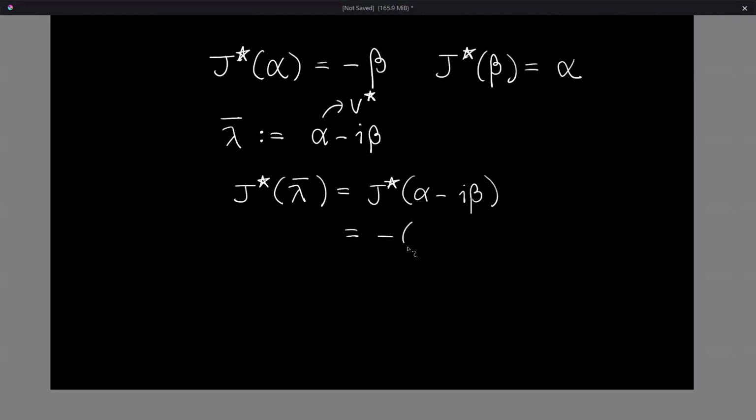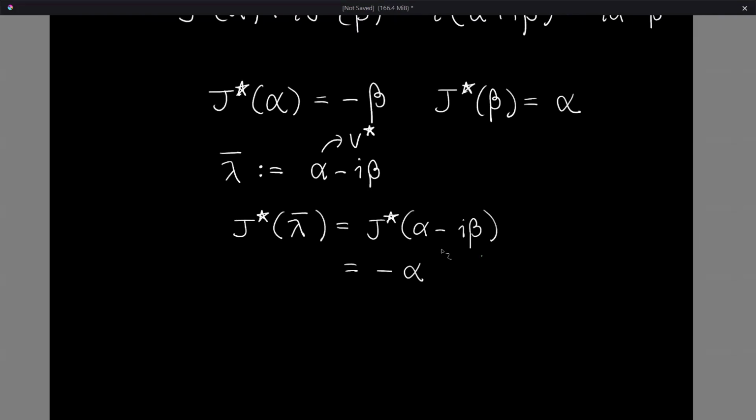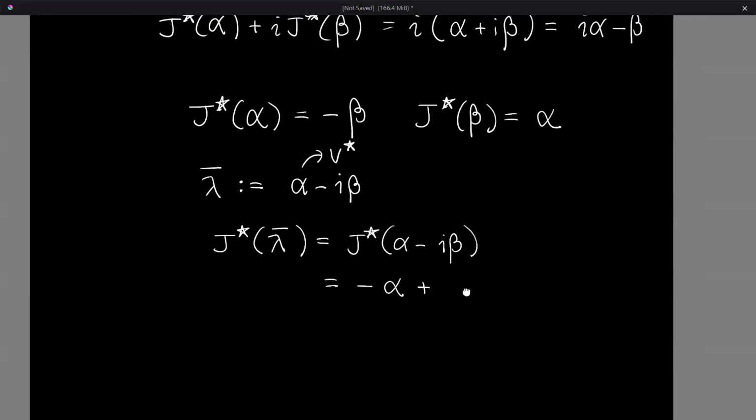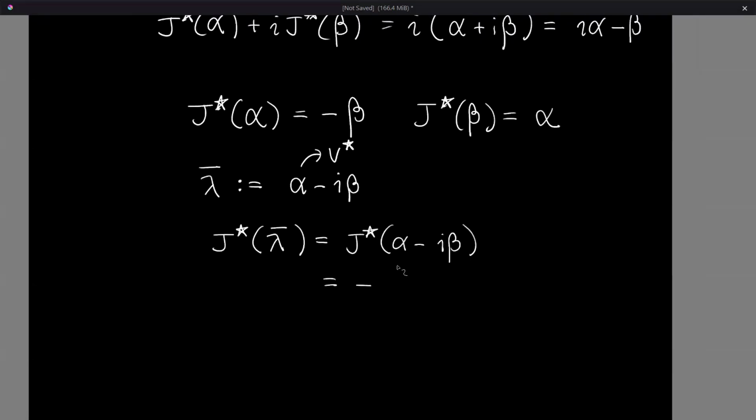J star is linear, so we can distribute it over all of the elements. Let me just write it the way I wrote it in the notes.